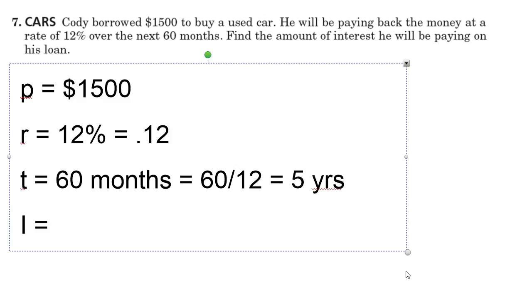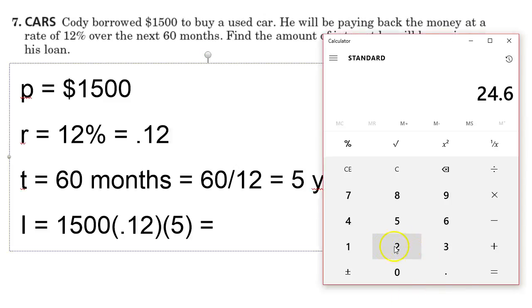So our interest is going to be 1,500 times 12% times 5. So again, get out our handy dandy calculator. 1,500 times 0.12 times 5.